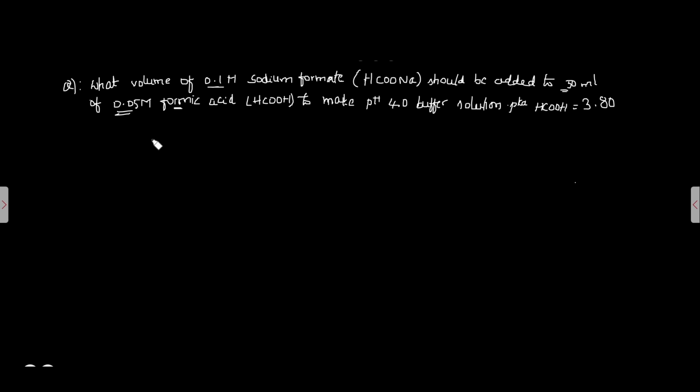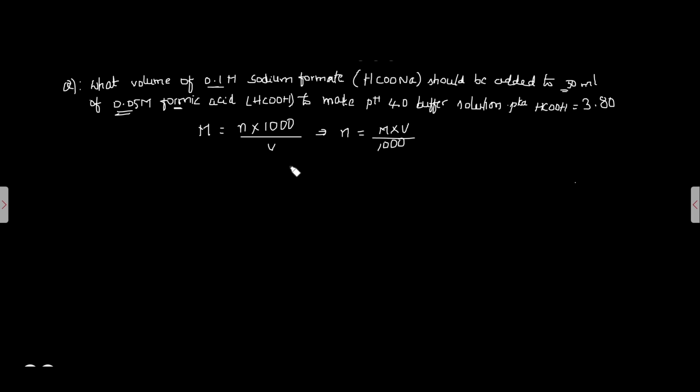Here the molarity is given, right? Molarity and the volume. You have to find out what is the relation between molarity and volume. If you know the molarity equation, molarity equal to number of moles into 1000 by V, right? You can rewrite number of moles equal to molarity into V by 1000.